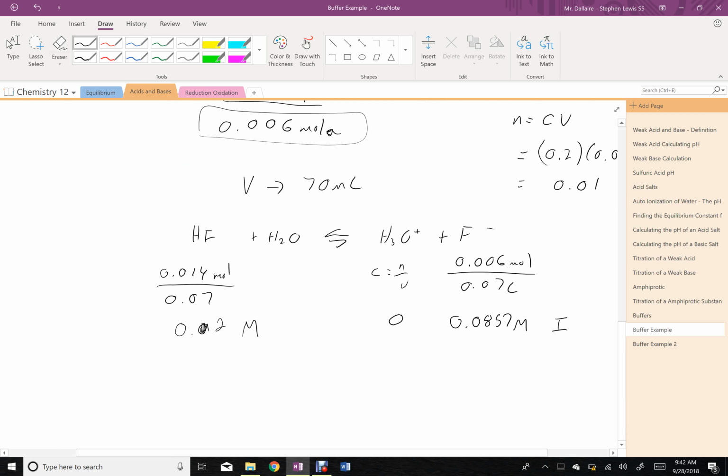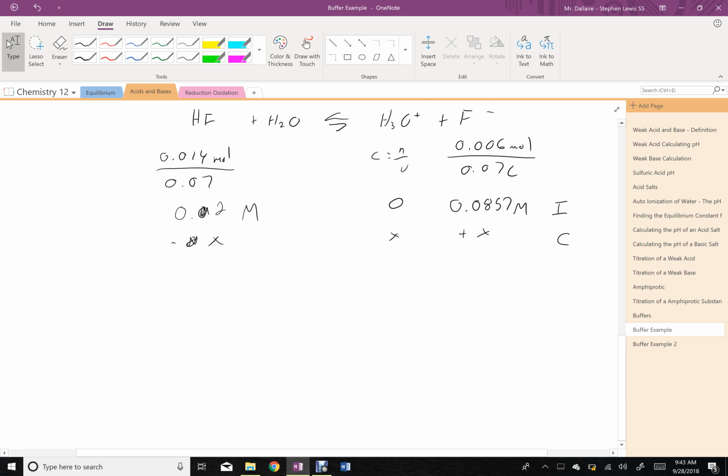I can ignore the initial population of my H3O+ so that my change is predictable. I'm going to add x here, taking x away here. I'm going to recognize that my Ka for this acid, I want to say, is 6.6 times 10 to the negative 4. So these changes are all going to be small.